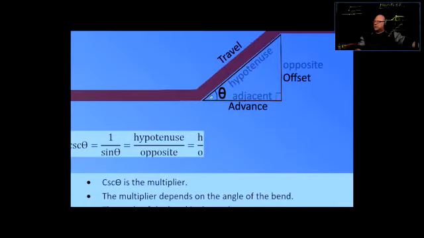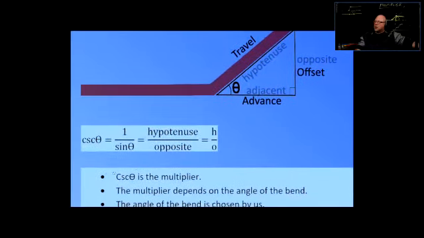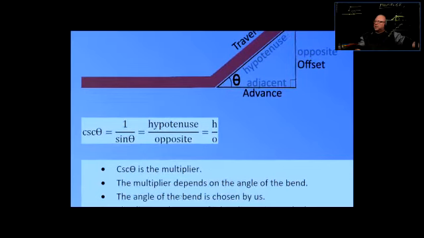So if it's a 30 degrees angle, we're going to have certain multiplier. 60 degrees, 45 degrees, or whatnot, you're going to have a different multiplier. It is the 1 over sine, which is the cosecant. The angle of the bend is chosen by us. So we choose that angle, and then we calculate the cosecant of the sine.